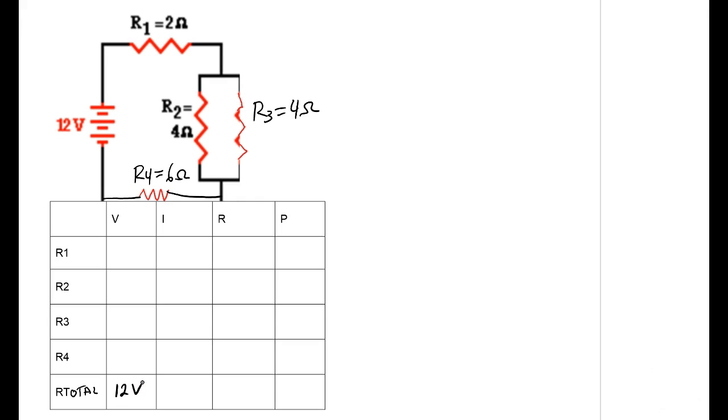Okay, and we have the resistors R1, put it in the R column. That's 2 ohms. R2 is 4, and R3 is also 4. Okay, R4 is 6.